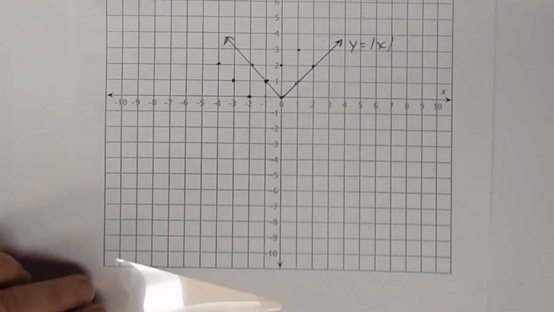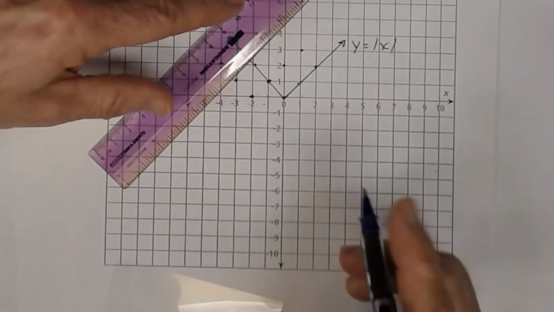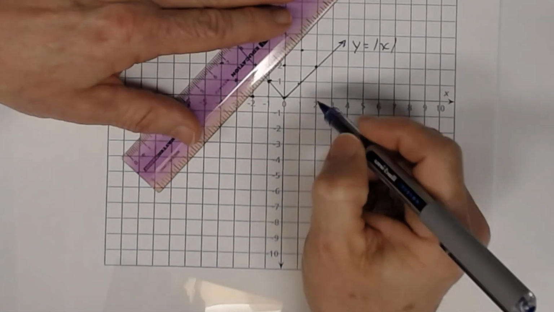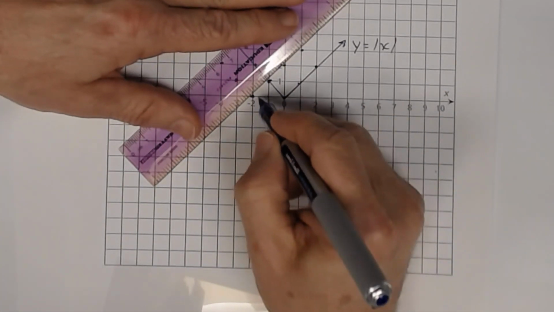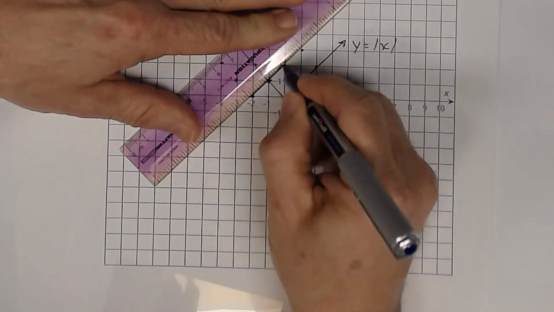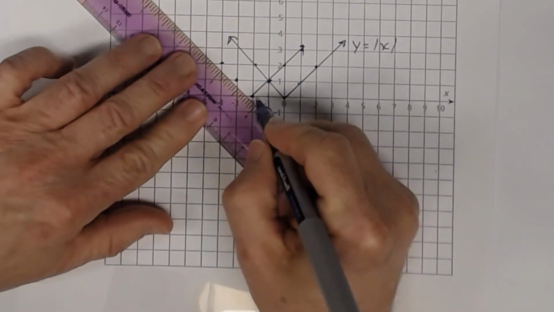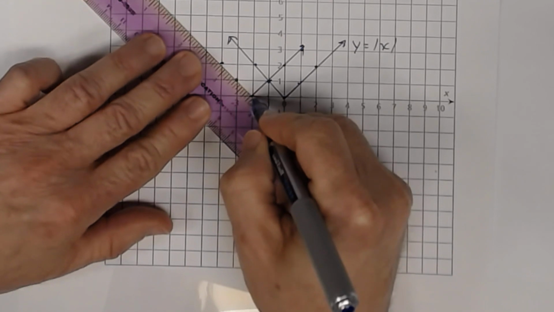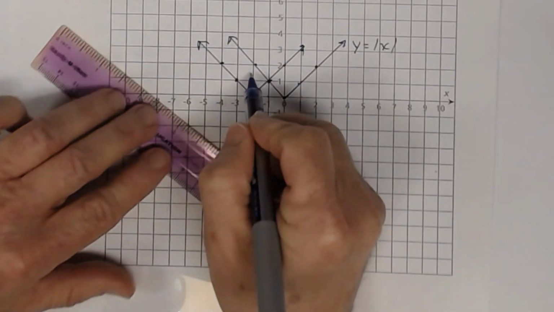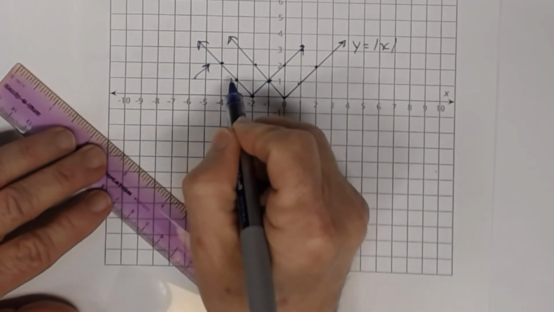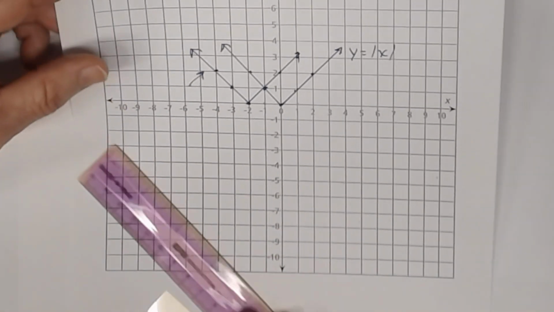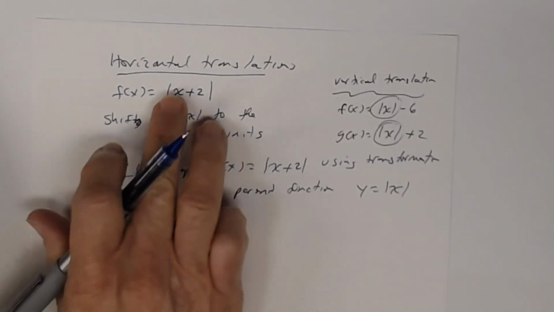And now take your ruler, and then tell me that this right here, that you just did, is what I wanted to graph.